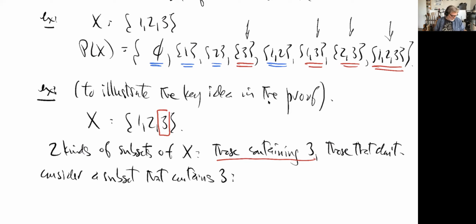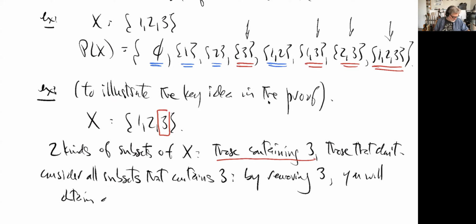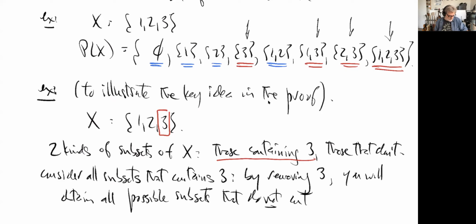So by removing 3, I should say consider all subsets, by removing 3, you will obtain all possible subsets that do not contain 3.